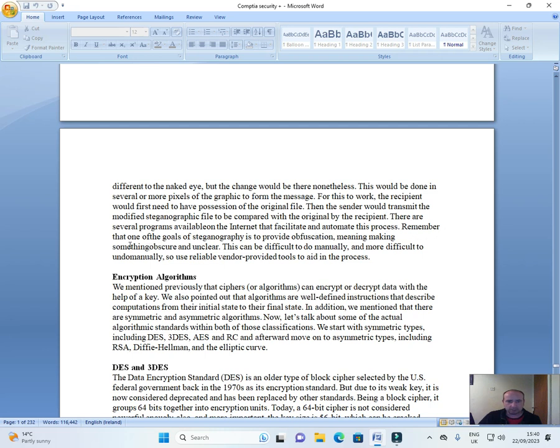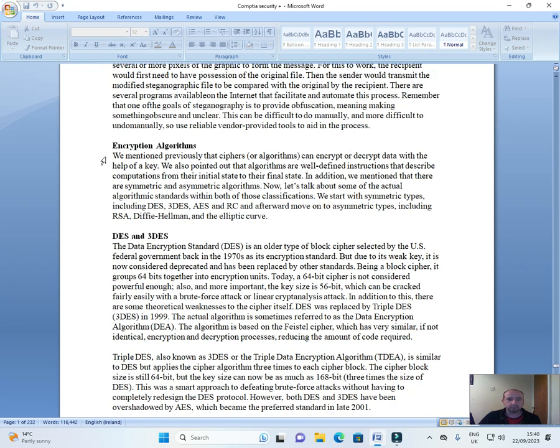Remember that one of the goals of steganography is to provide obfuscation, meaning making something obscure and unclear. This can be difficult to do manually, so we use reliable vendor provided tools to aid in the process.